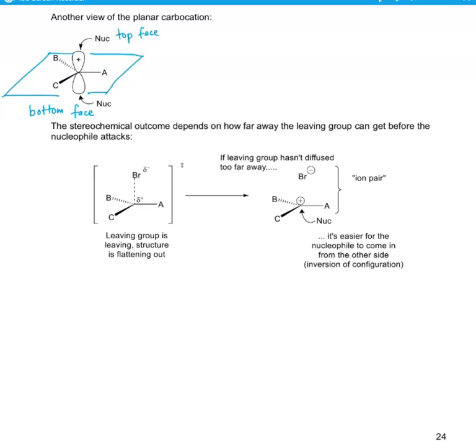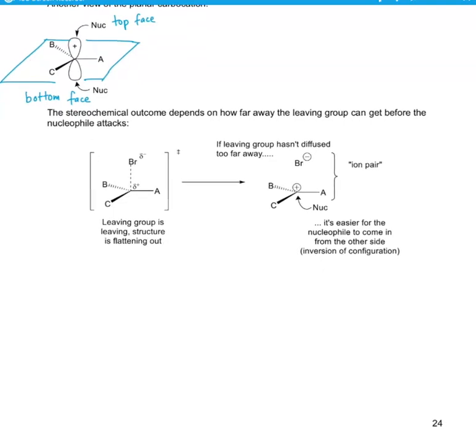So in the next picture, we have a picture of the transition state. Okay, the transition state, again, denoted by this symbol here. So this is the compound in the transition state as the bromine is leaving. So the dashed bond, that dashed line, means that the bond is breaking or forming. In this case, it's breaking. The bromine is developing more negative charge. The carbon that it's leaving is developing partial positive charge.